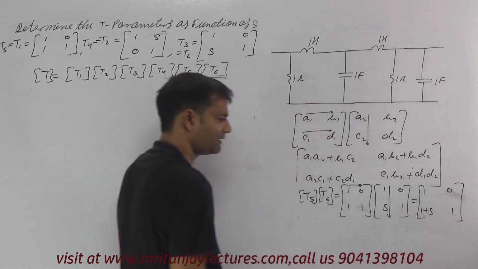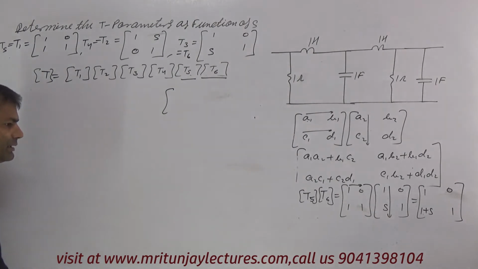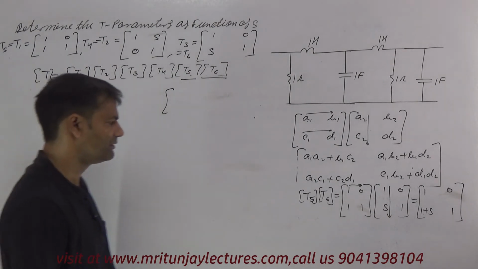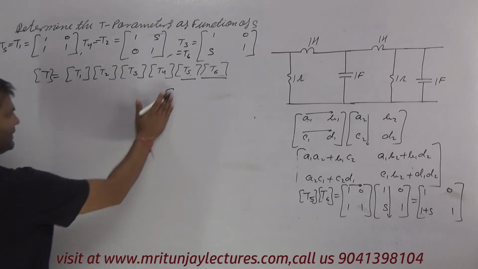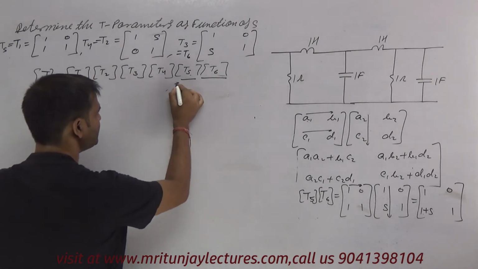So finally, the multiplication of T5 and T6 gives 1, 0, S plus 1, 1.